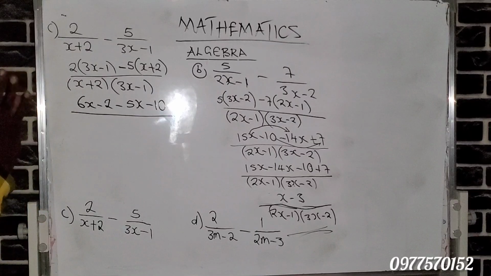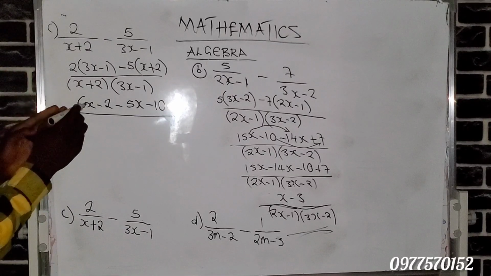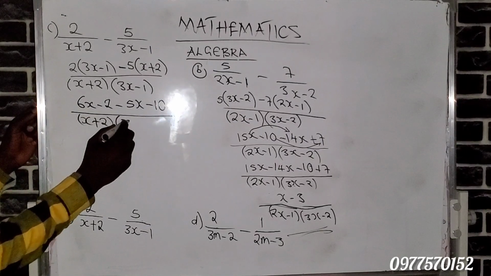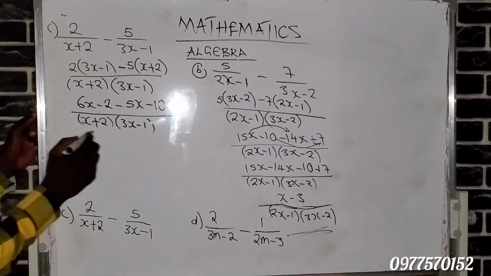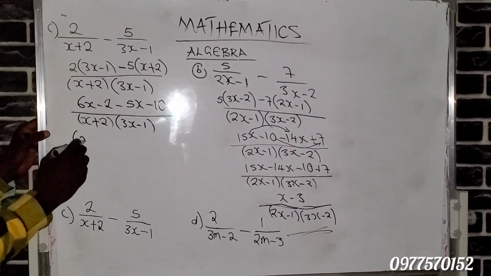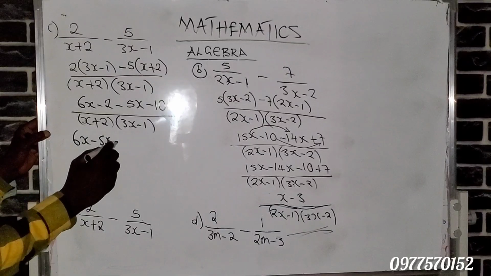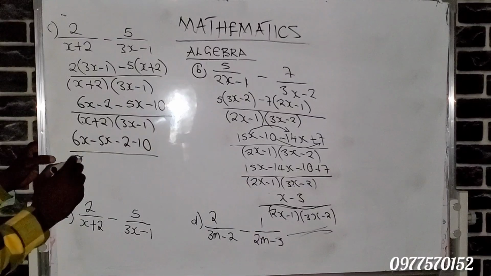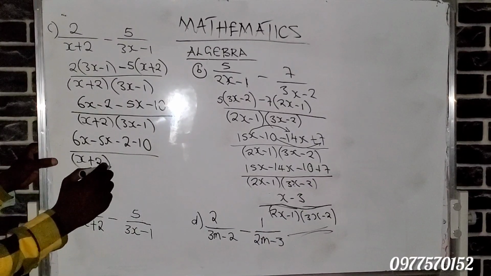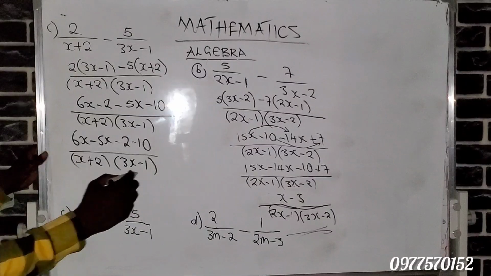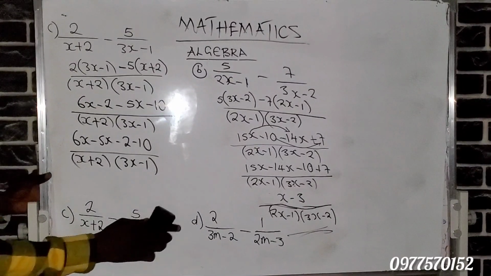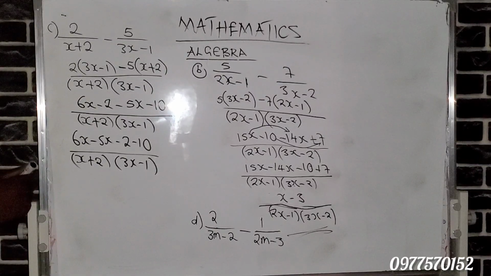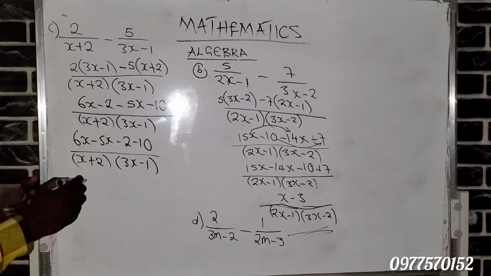So you know that from here you're going to collect the like terms, but don't forget to write the denominators. So here we're going to write 6x minus 5x, minus 2 minus 10, over (x + 2)(3x - 1). Then here, what is 6x minus 5x? x, right?